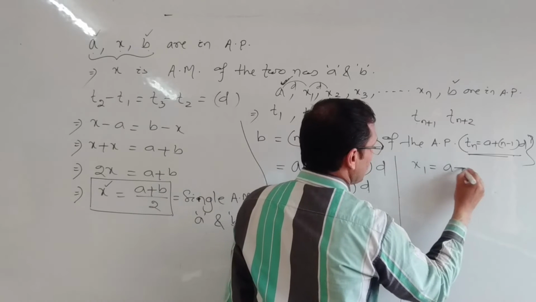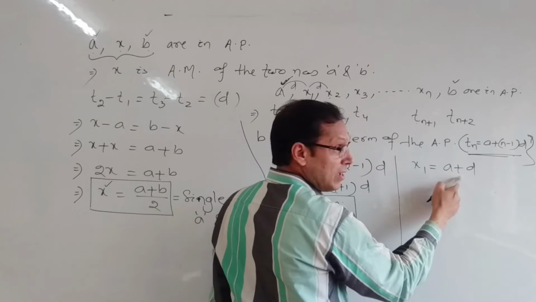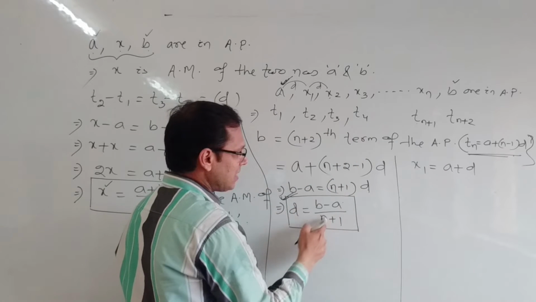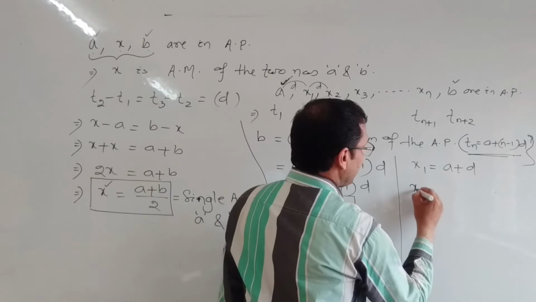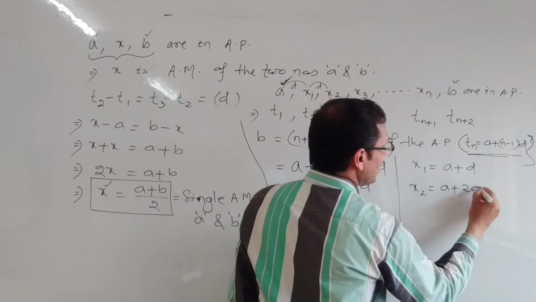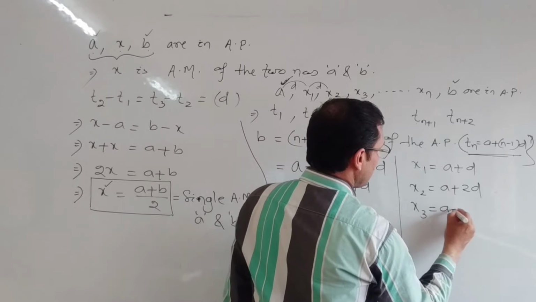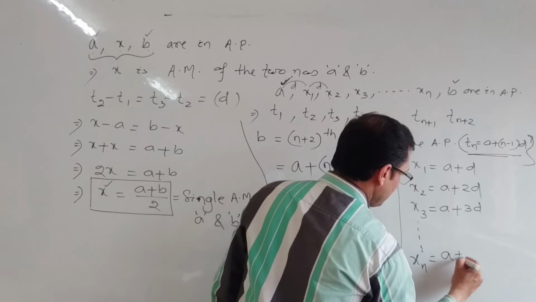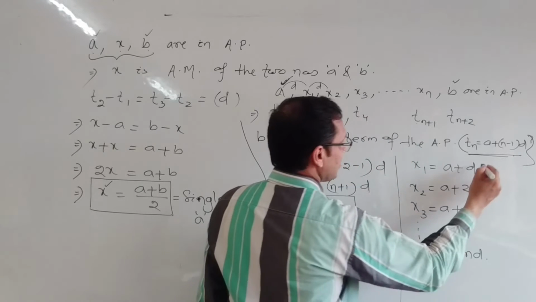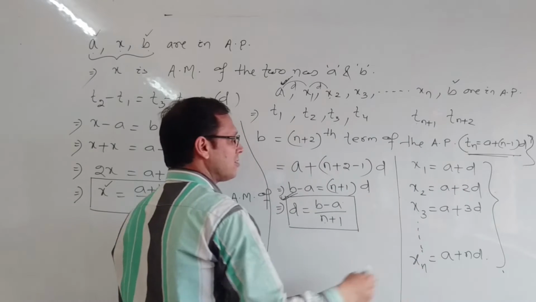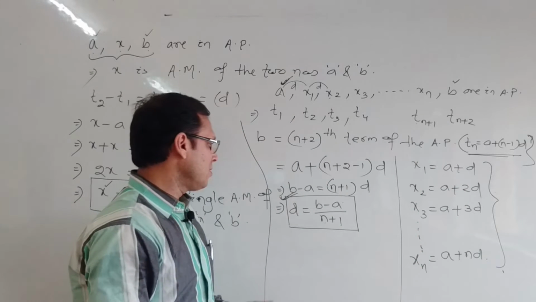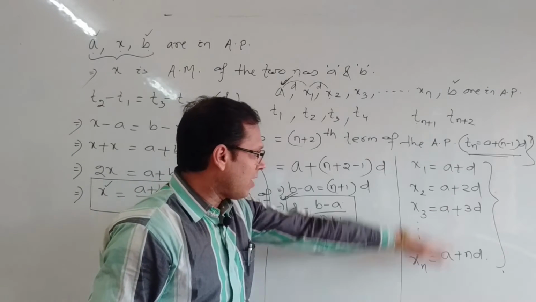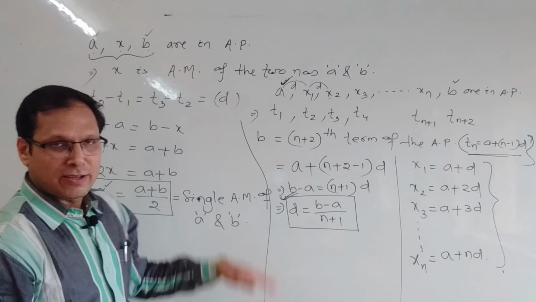Likewise, x1 can be found by adding a plus d, where d we have already found with the relation (b minus a) by (n plus 1), and x2 is equal to a plus 2d, x3 is equal to a plus 3d, and likewise xn is equal to a plus nd. These are the n arithmetic means, found with the help of the relation d is equal to (b minus a) by (n plus 1). So make it a note.